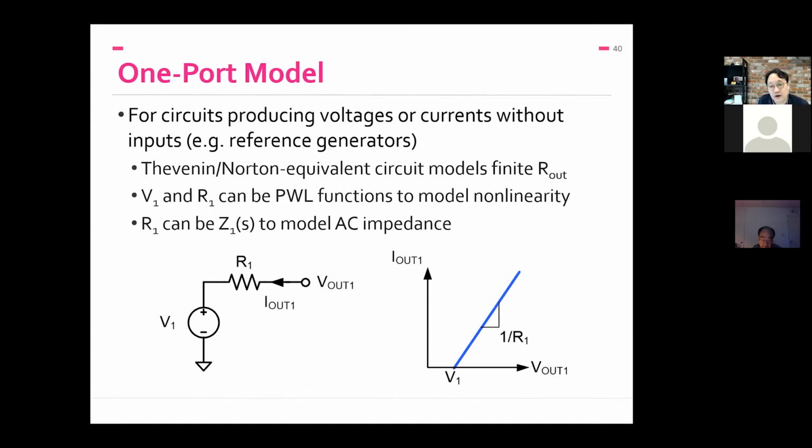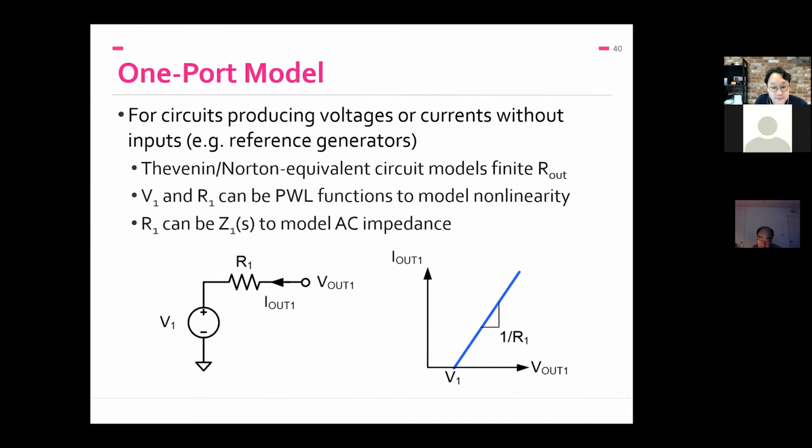This applies to circuits just producing voltage or current as outputs. A good example is the reference generator. And if you recall the Thevenin and Norton equivalent circuits, you know that if the circuit is linear, then a voltage source in series with a resistance, or a current source in parallel with a resistance, is sufficient. It's equivalent to any circuit out there. So we start from that. But in general, you may have nonlinear behavior.